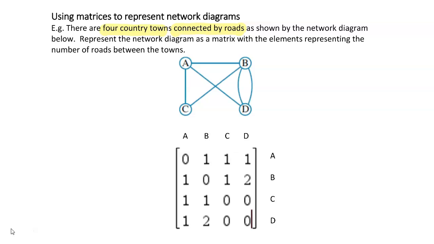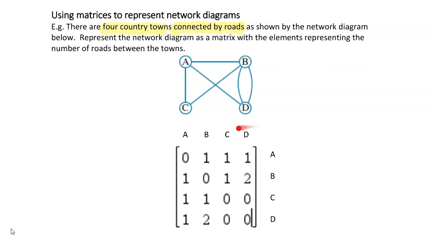Represent this diagram as a matrix with the elements representing the number of roads between the towns. Let's look at this matrix and read it. Here I'm saying town A, town A. Are there any roads from town A to town A? No, there's none.